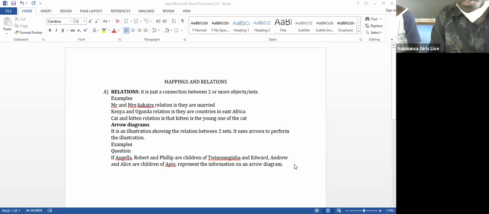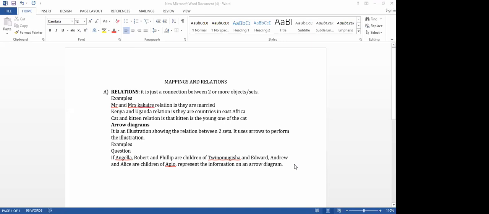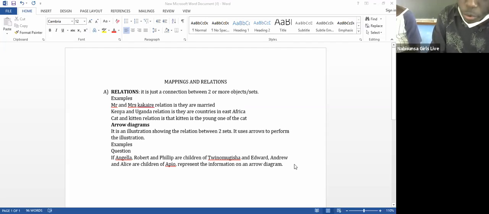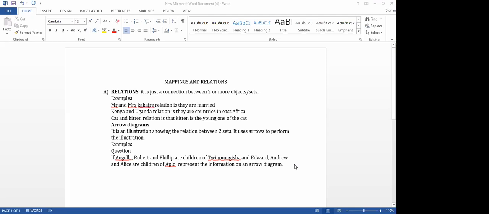Oh, you drew two arrow diagrams. That is okay, but the best way would be to merge those two illustrations into one, so that you have one outlay of the children and one outlay for the parents. Because it is one relation, it would not be good to break it down. Okay, teacher.